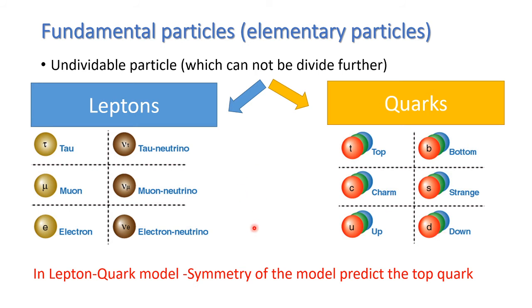So in the lepton-quark model, the symmetry of the model predicted the top quark, right? The prediction was that as there are pairs, the symmetrical nature of the model predicted that there must be a particle for this, and it was called the top quark.